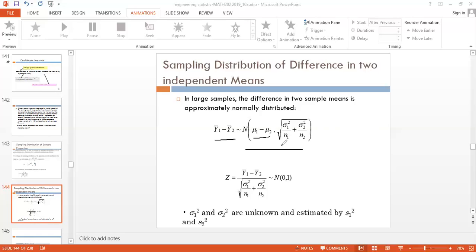And then the variance, this time we have the standard deviation, which is sigma 1 squared over n1 plus sigma 2 squared over n2.